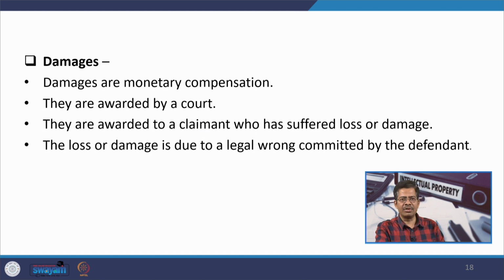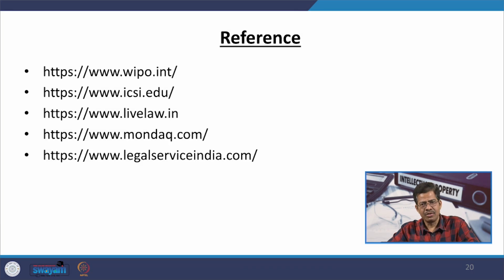Damages are also part of the court orders, awarded by the court. It can be monetary compensation, stopping the production of that particular activity, and generally the cost of court proceedings is also part of your compensation package. So, with this we discuss that IP infringement is a very important area.